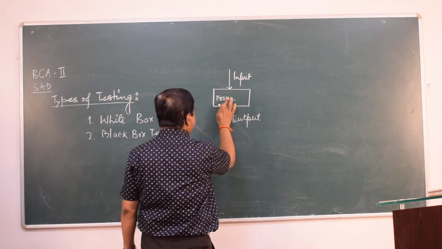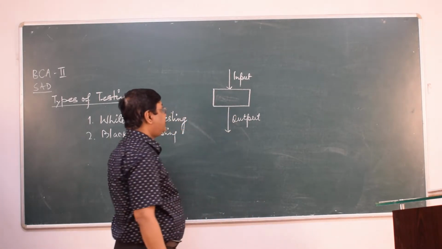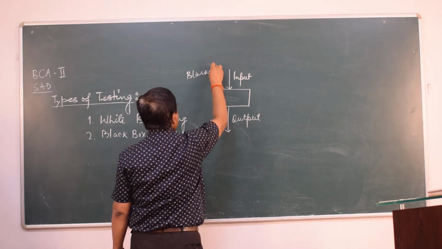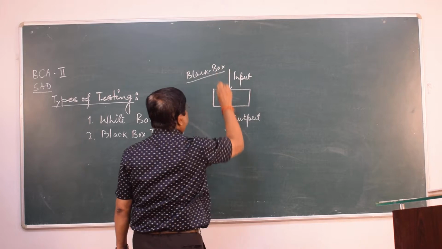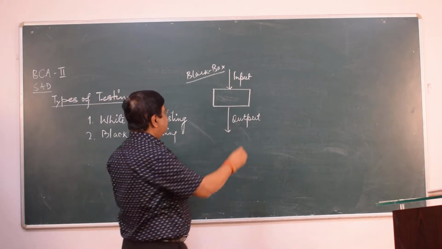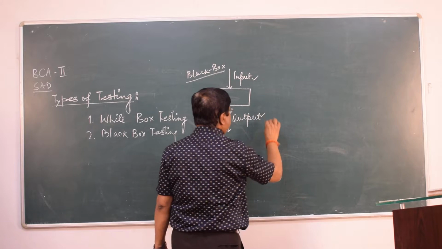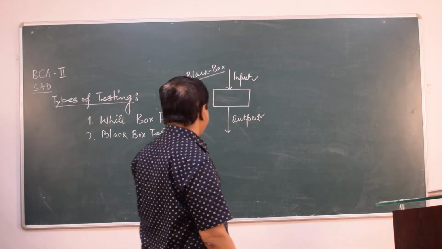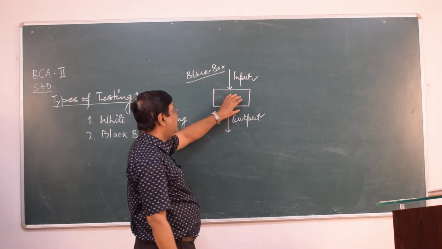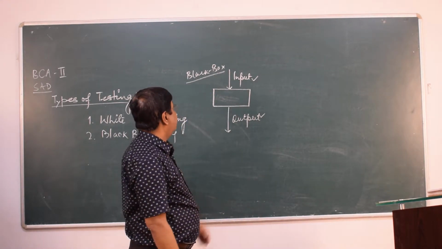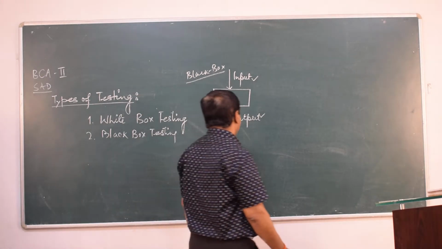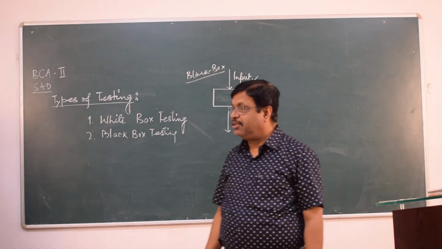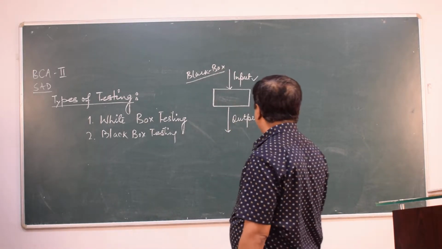Means we don't test the process. What do we test? We test input, and as per input, whether the output is correct or not. We are not at all concerned with the processes, the program, but inside the process. If the output is correct, then we say that the product has passed the black box testing.